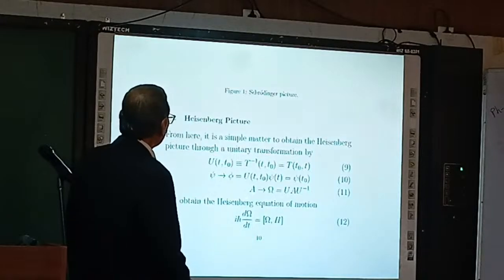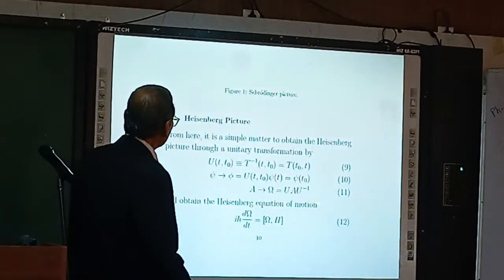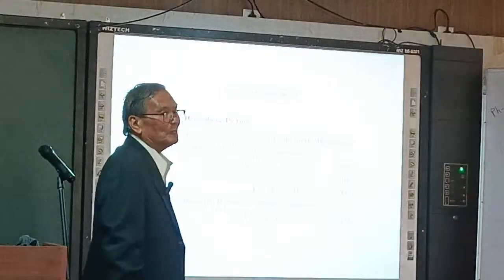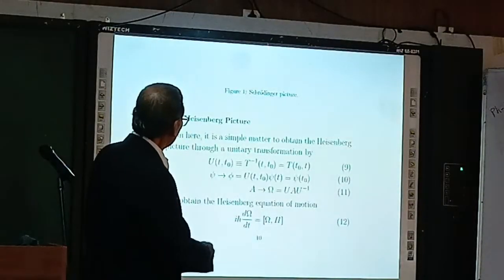But then operator A is transformed to Omega by U dagger, or U inverse. That is a similarity transformation, and we obtain the Heisenberg equation of motion, iħ dOmega/dt equals [Omega, H]. This is the famous Heisenberg equation of motion, right? It is quite simple to deduce these things.